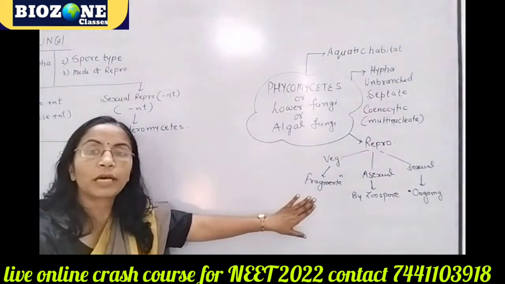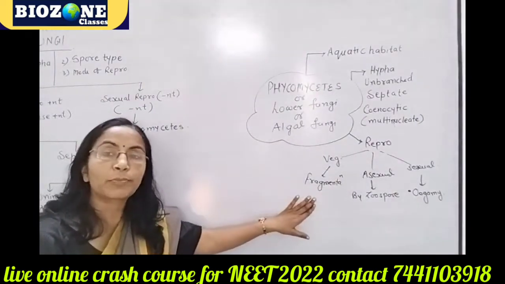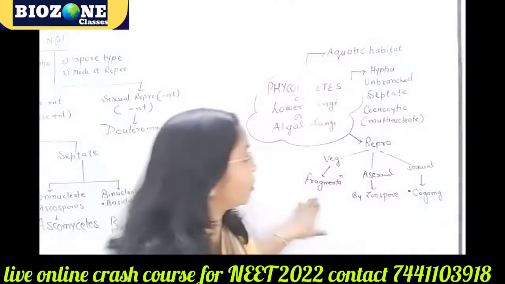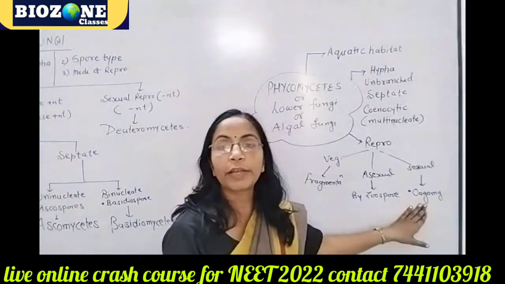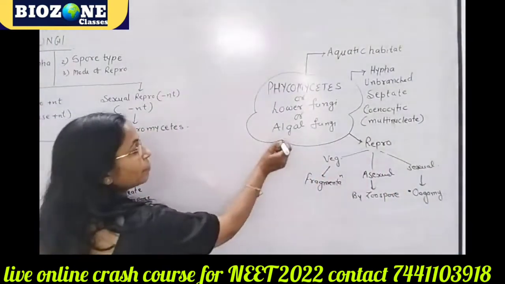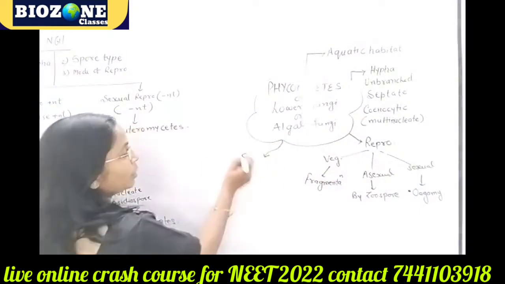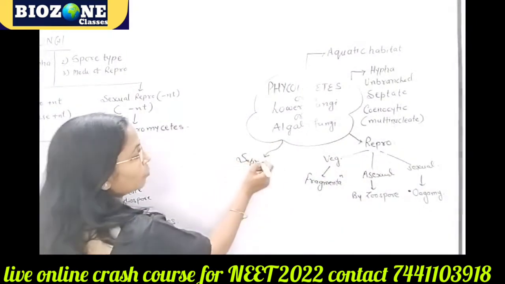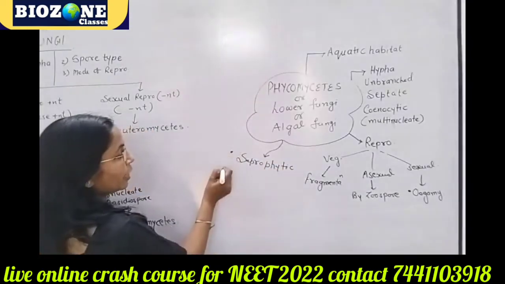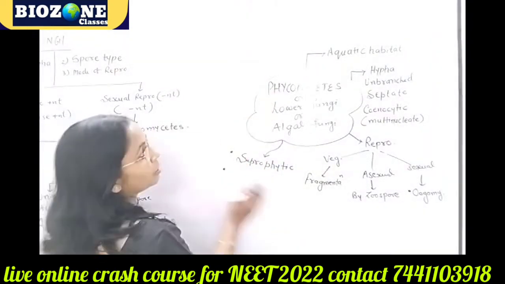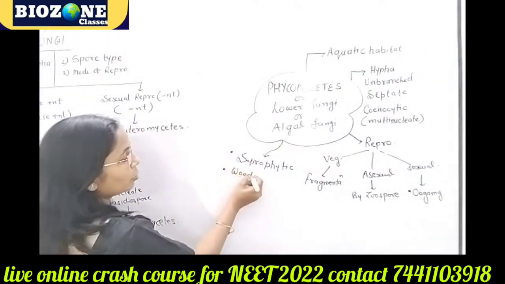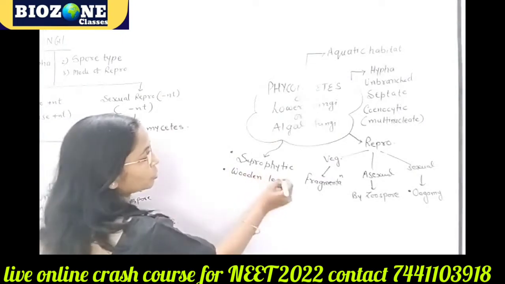Specific conditions are not provided here. Zygospore formation means zygote formation, which proceeds when sexual reproduction takes place. Okay. And in Phycomycetes, basically you remember in mode of nutrition, predominantly they are saprophytic, and if aquatic conditions are not possible, then they grow on moist soil or wooden logs.